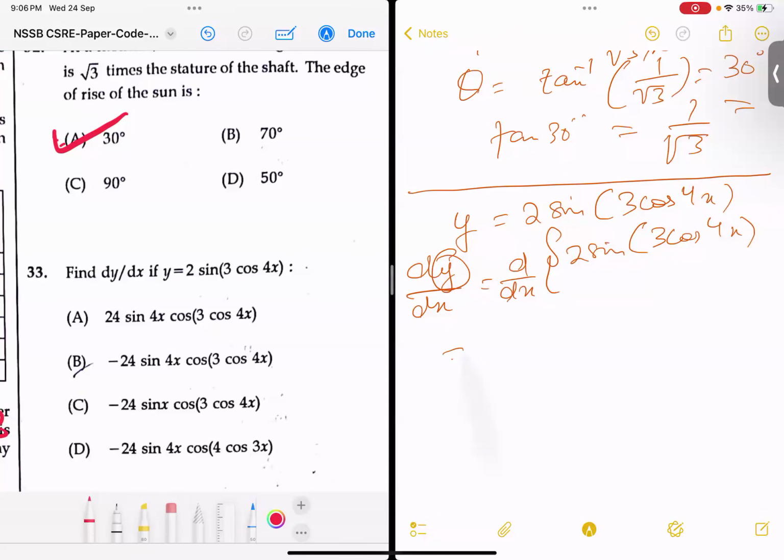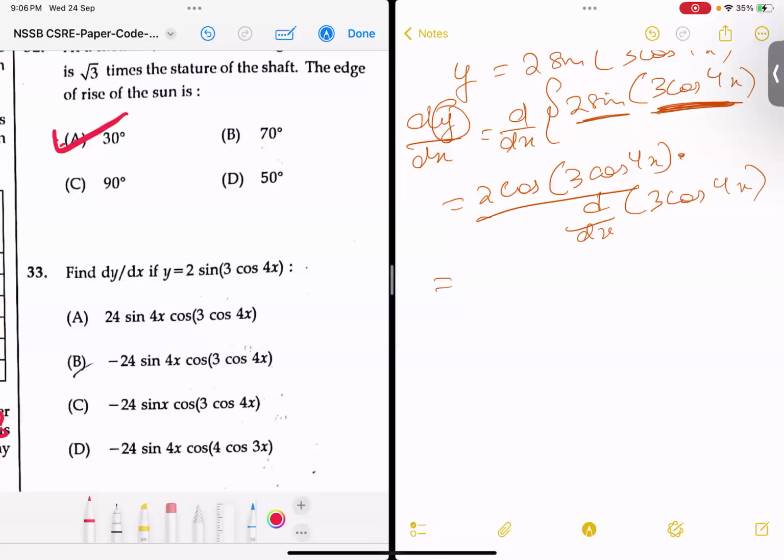Now, first we will find the differentiation of this one, right? So it will be 2, differentiation of sine is cos, okay? 2 cos, and what is the angle? 3 cos 4x, right? Into, now we'll try to find the differentiation of this part, so d by dx of 3 cos 4x, okay?